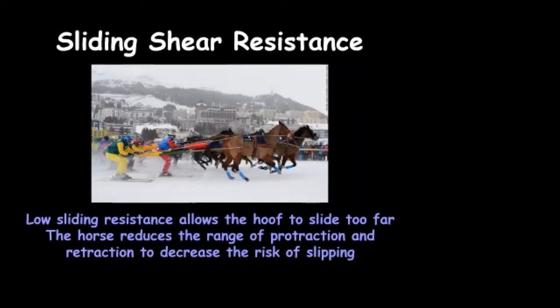And these horses would not be able to race on an ice surface without having some corks or studs in their shoes. The horse's natural response to a surface that allows too much sliding is to shorten the stride, shorten the protraction and retraction, so that the limb, the body is more over the limb, if you like. There's less range of motion away from the vertical position of the limb, and that reduces the risk of slipping.